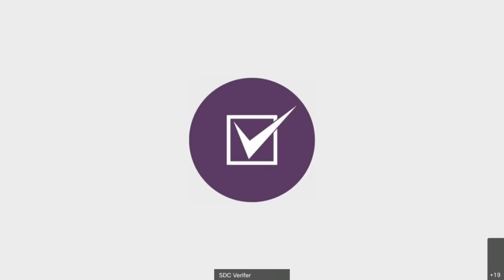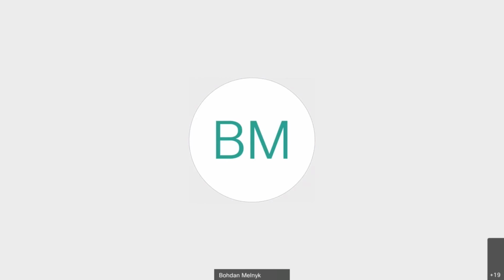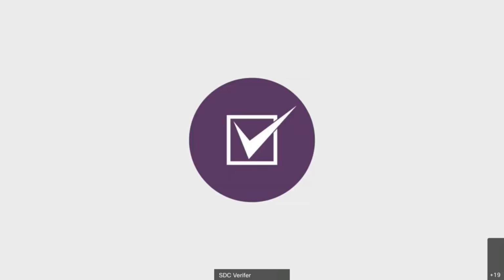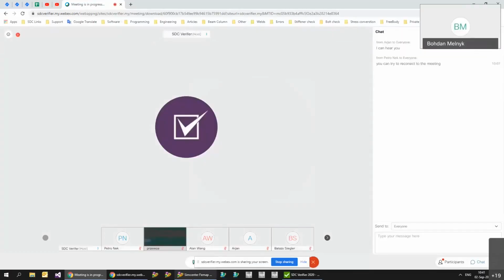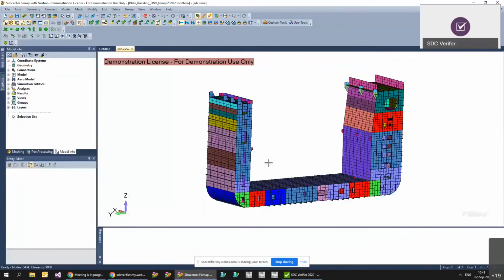Okay, so should I share the application or the screen? If you want to show both slides and demonstration, better the screen. Okay, I will share the application. Is it visible now? Yes, now I see your window.